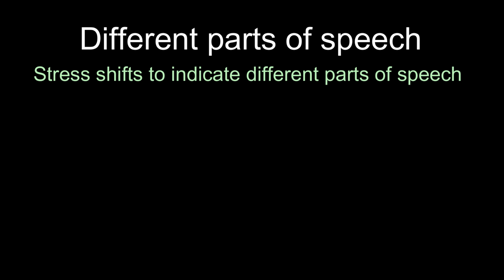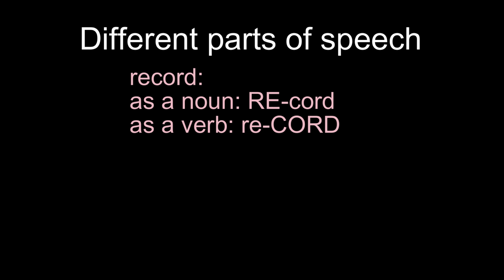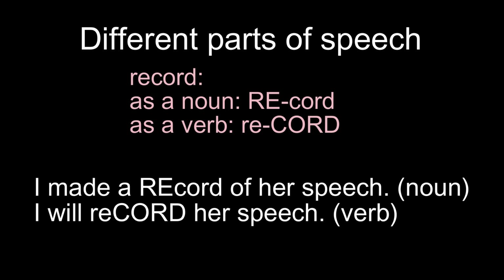For example, when record is used as a noun, the stress is on the first syllable, record. But when record is used as a verb, the stress is on the second syllable, record. I made a record of her speech, noun. I will record her speech, verb.